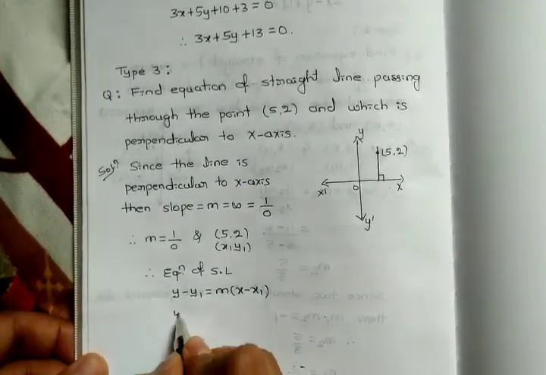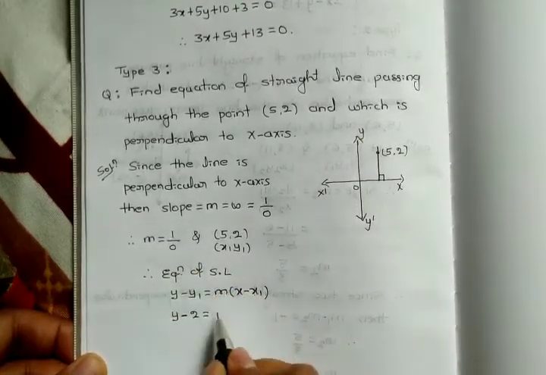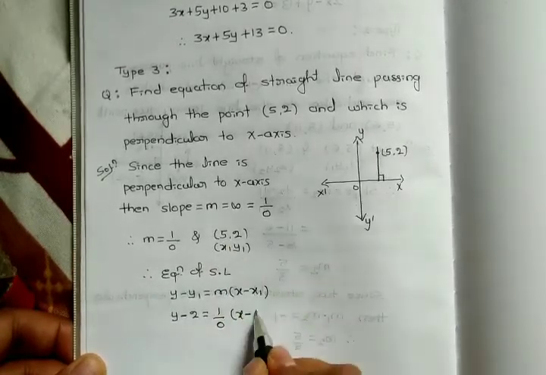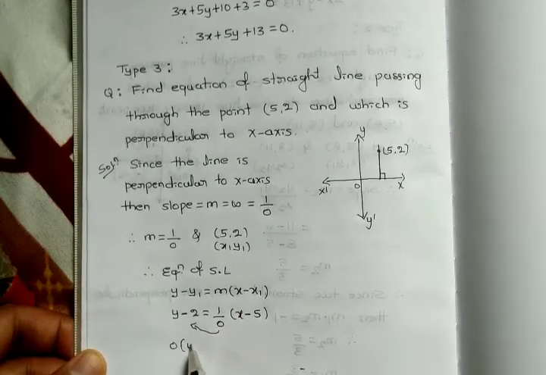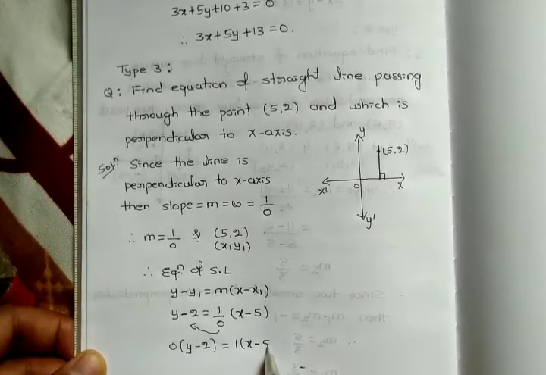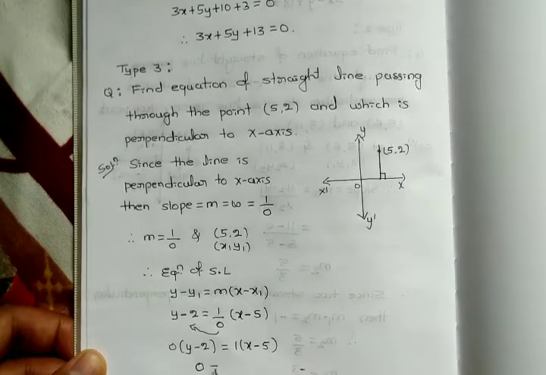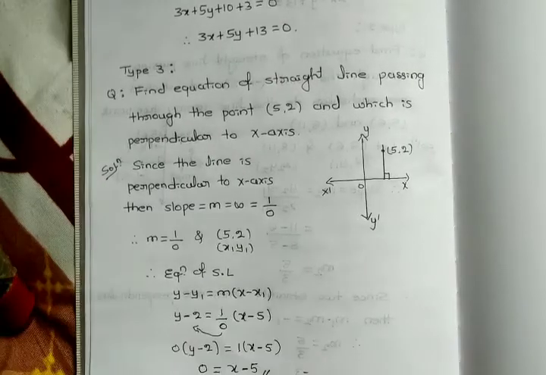Therefore y minus 2 is equal to 1 divided by 0 into (x minus 5). Next, cross multiplication. So it is 0 into (y minus 2) is equal to 1 into (x minus 5). So you know, 0 into any value is 0, equal to x minus 5. So this is the required equation of the straight line.